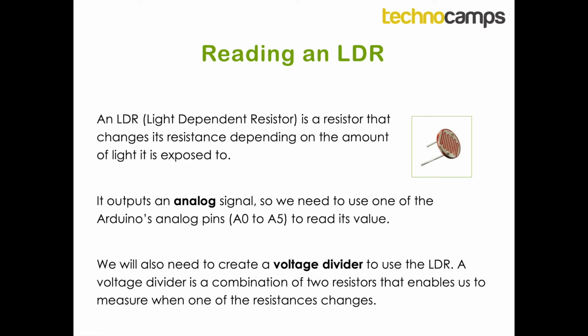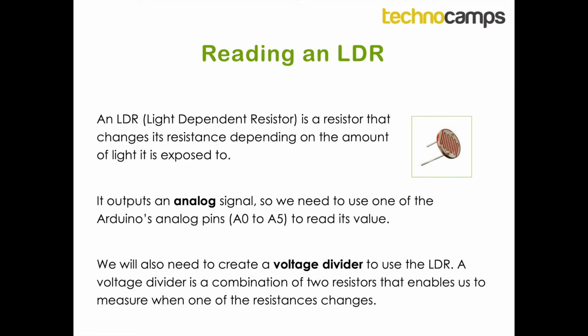It also outputs an analog signal. So if we want to read one of these sensors using an Arduino, we need to use one of the Arduino's analog pins. So that's pin A0, A1, A2, A3, A4, or A5.